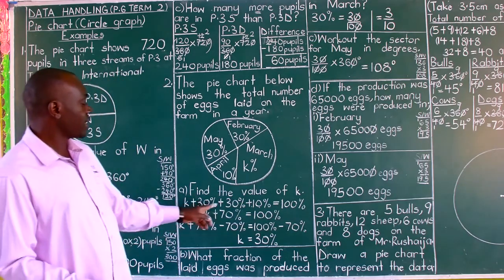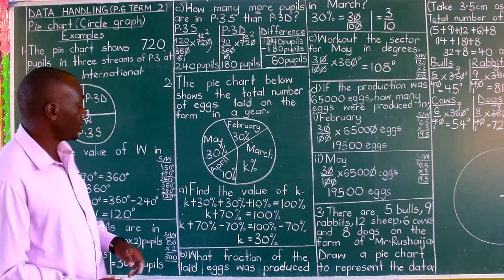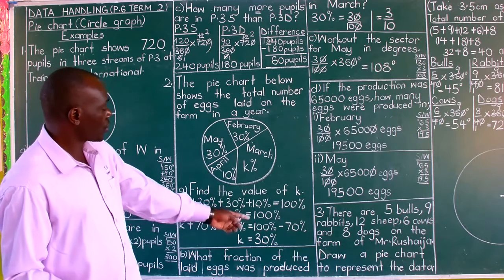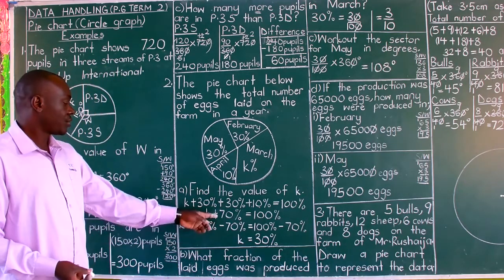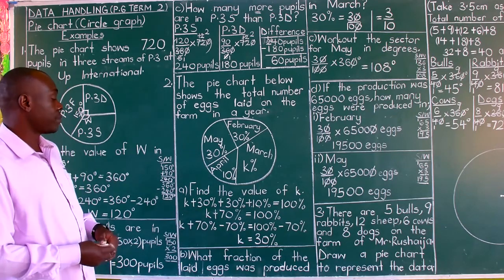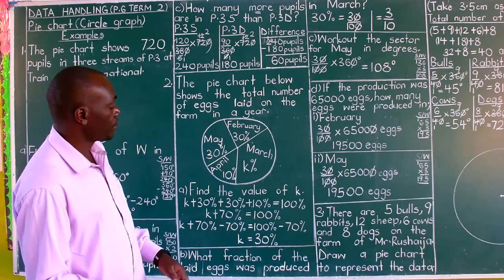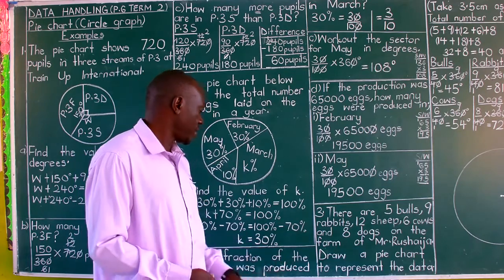Then you add 30 and 30 to get 60. 60 plus 10 you get 70%. So you get K plus 70% equals 100%. Then do that algebra. Since you have a plus sign of addition, you introduce the minus sign of subtraction on the other side. You say K plus 70% minus 70% equals 100% minus 70%.